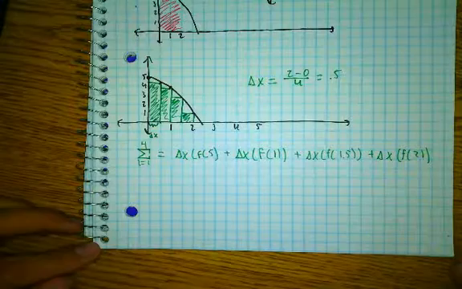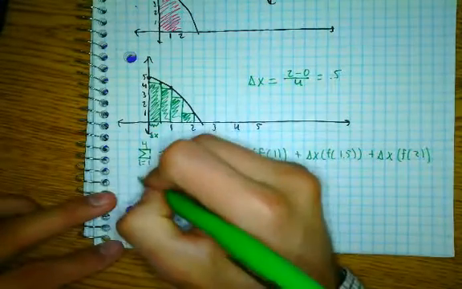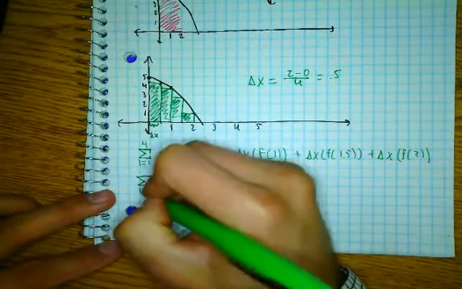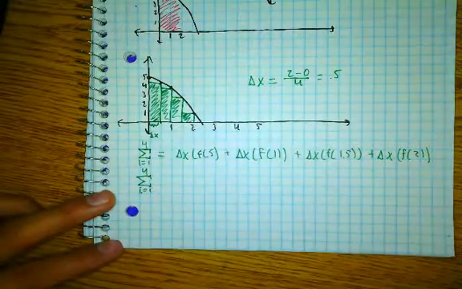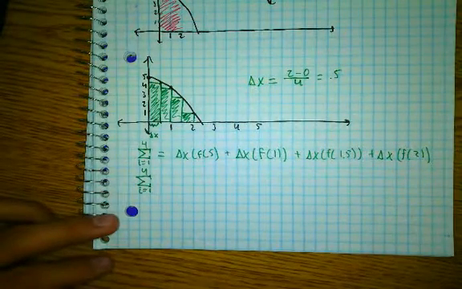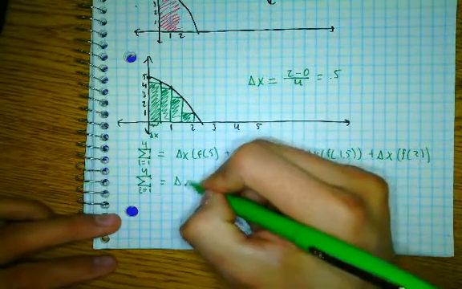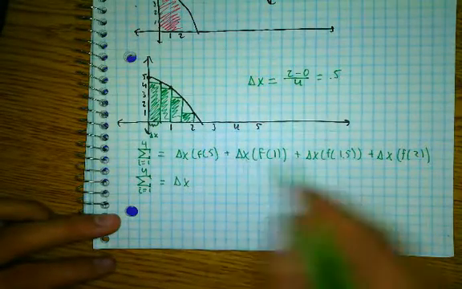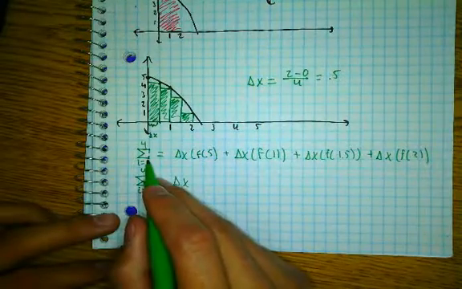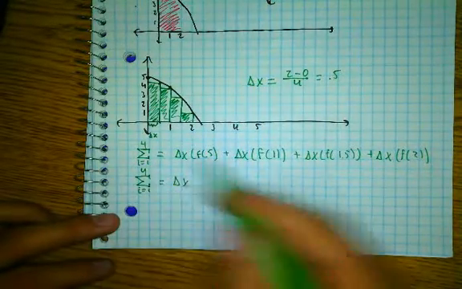So could I then say the summation from 1 to 4 is, can you notice that you can factor out a delta x from here? It's technically delta x times f of what?